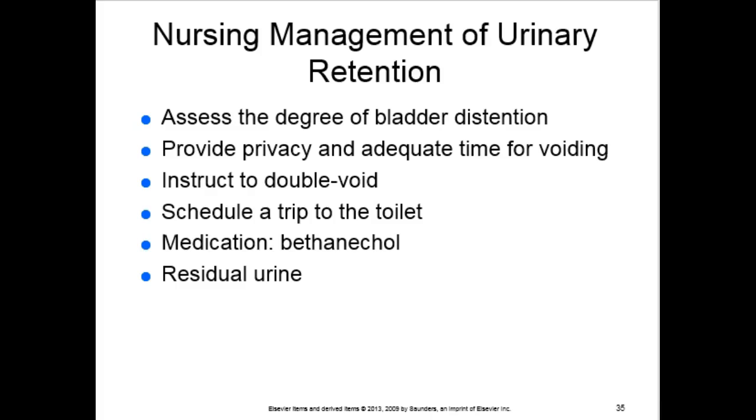Poor bladder tone or partial obstruction of the urethra can result in dribbling of the urine or passing only the overflow. So the bladder is still partially full.